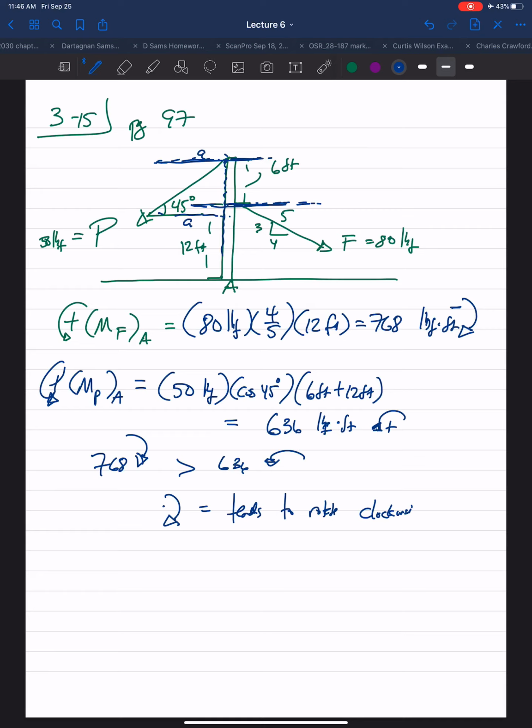So let's take a break from solving some magnitude problems and get back to work in the vector analysis of moments. So we will work our moment of a force using Cartesian notation.